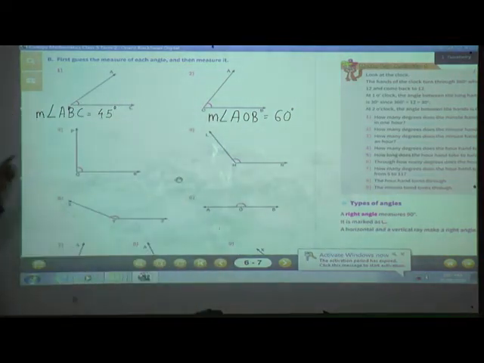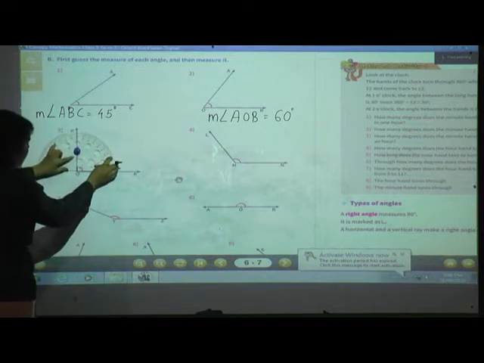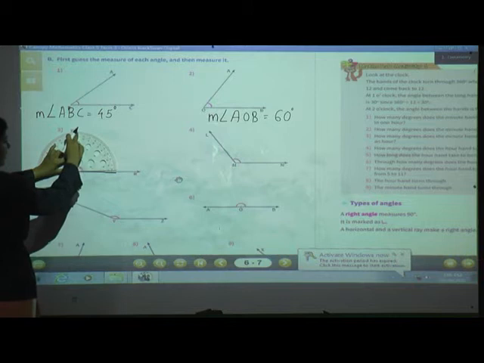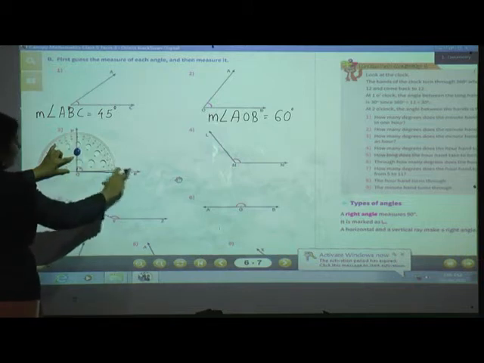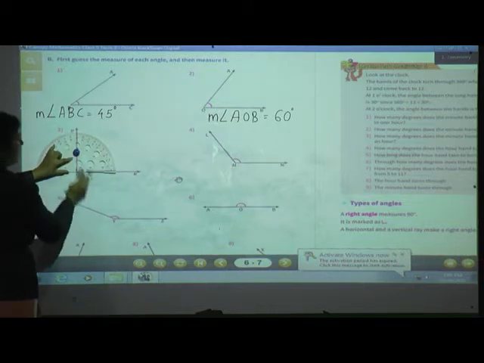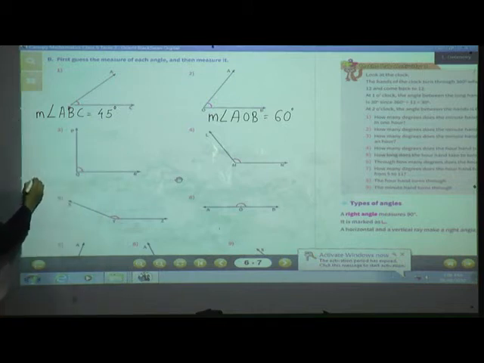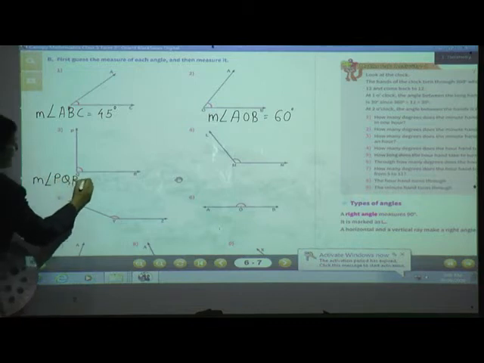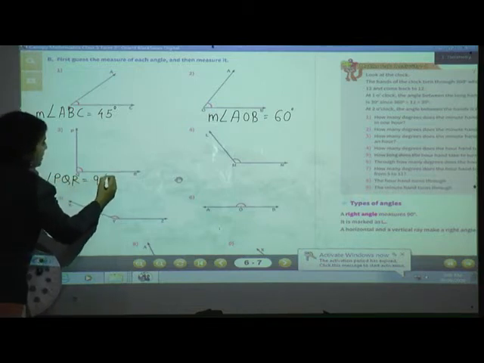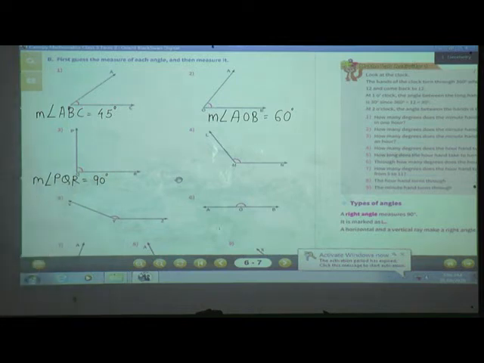Now third one, here angle PQR. Place your protractor on the baseline. The measurement is 90 degree. Measure angle PQR is equal to 90 degree. It is a right angle.